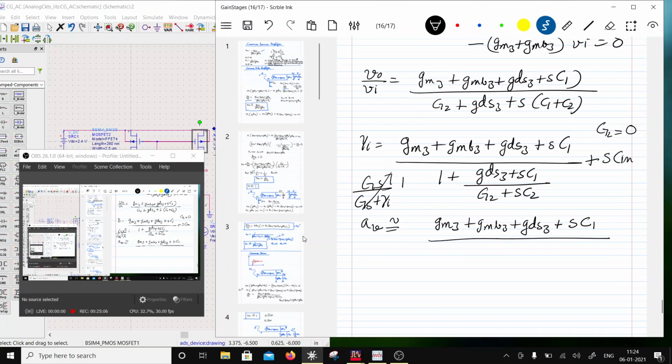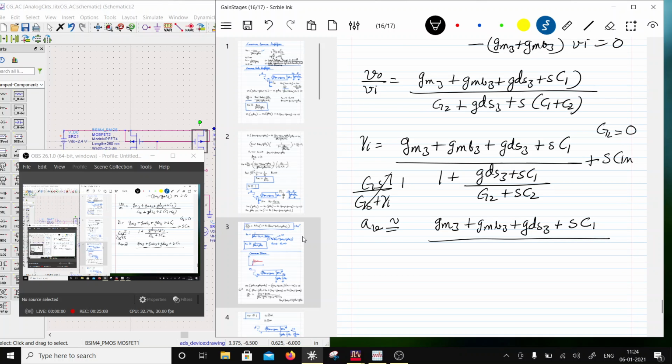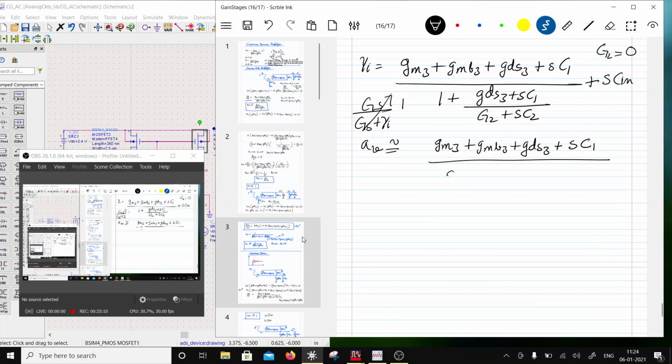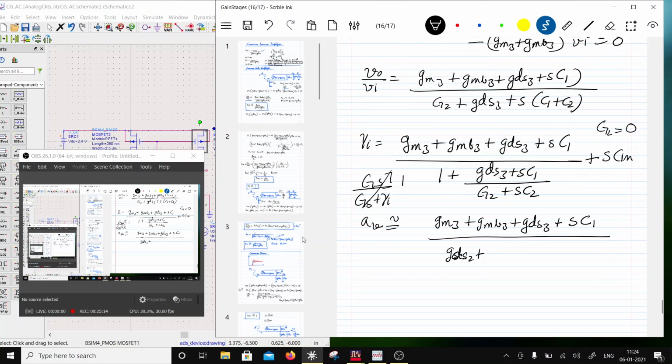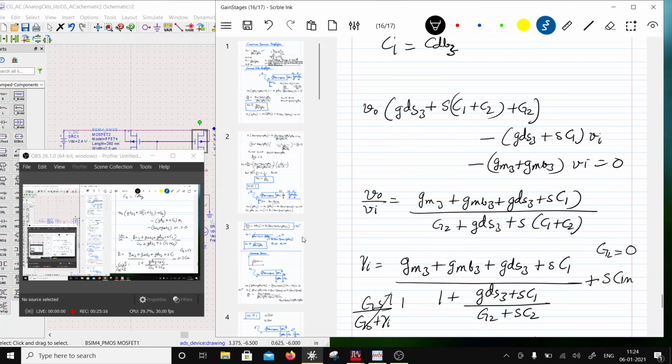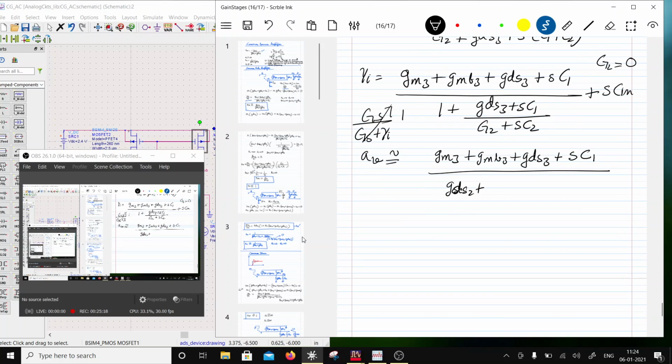So I'm going to assume that G2 is just GDS2, right? So I have GDS2 plus GDS3, right? GDS2 plus GDS3 common, and then this is 1 plus S divided by GDS2 plus GDS3. So nothing changes, but instead of just C, there will be C1 plus C2.